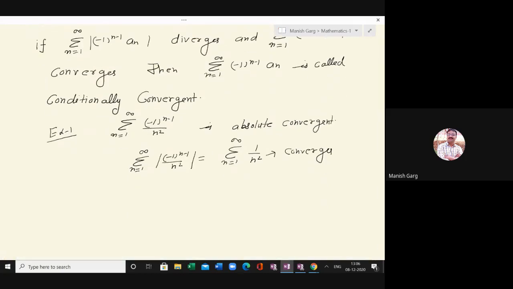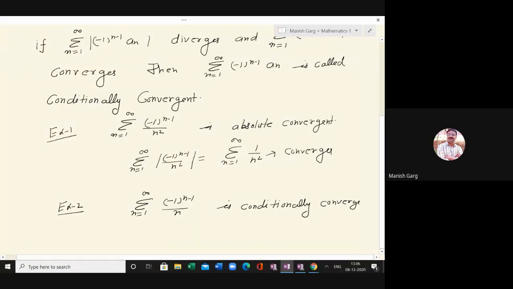Now one more example: the series n equal to 1 to infinity of (-1)^(n-1) over n. This is conditionally convergent. Why?